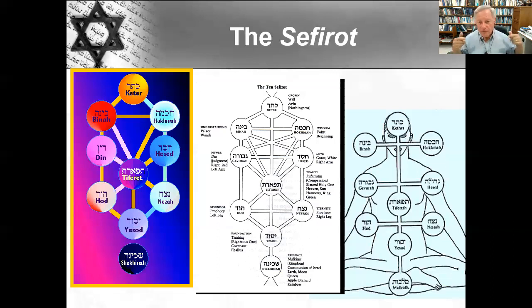How do I put flesh on that? I study the text deeper and deeper and deeper. So, for example, just with simple Torah, the nature of God. There's a text in Genesis 12 that God visits Abraham just after Abraham has circumcised himself, and presumably is in pain and healing.